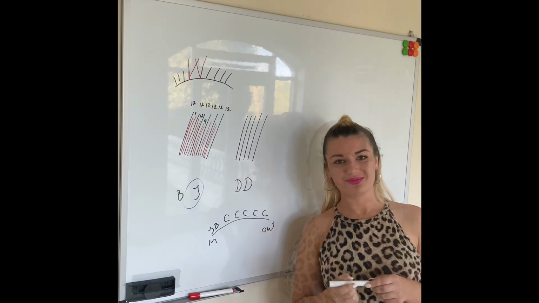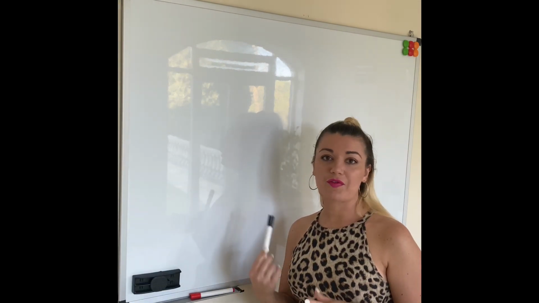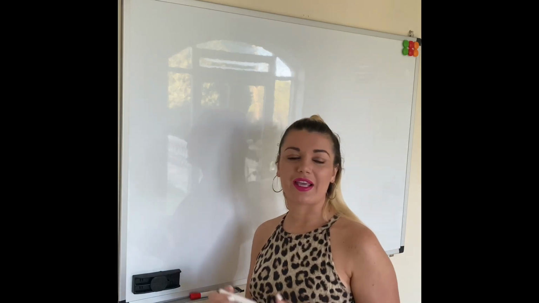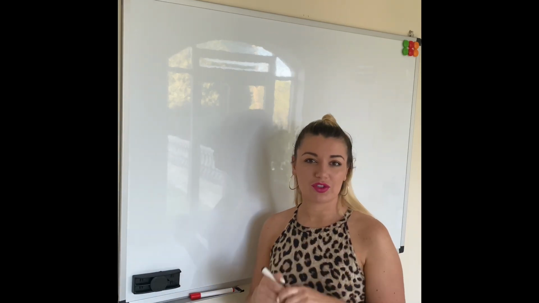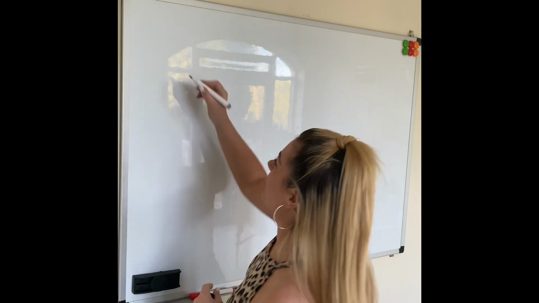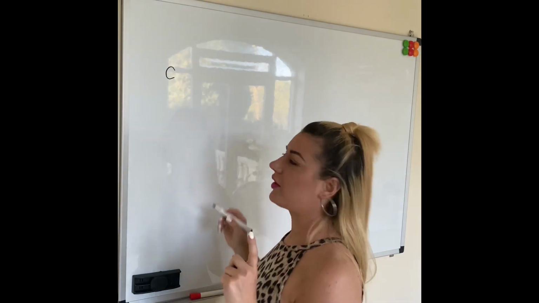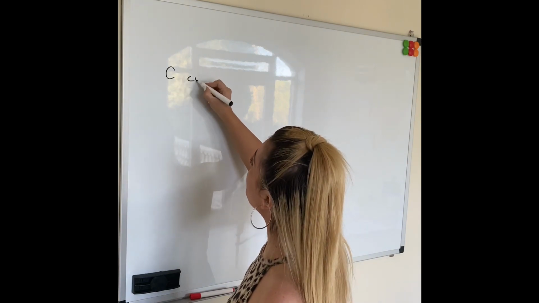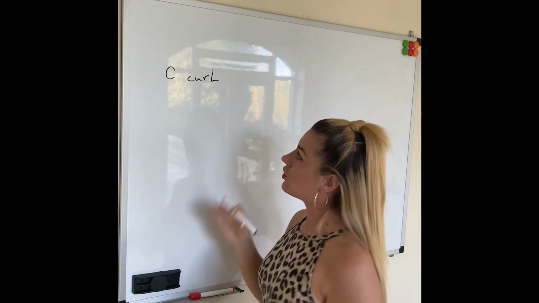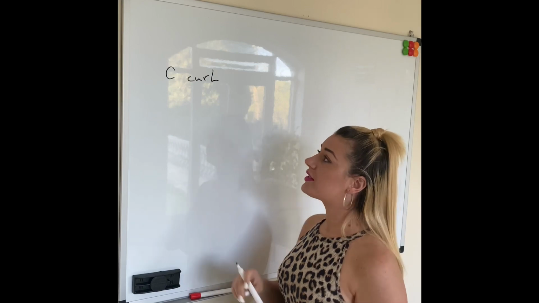Okay? So overall, if you want to just go ahead and buy only a couple of trays, what I would recommend, the C curl would be the most used. So if you want to buy just one tray, go for C curl, because that would be used the most.